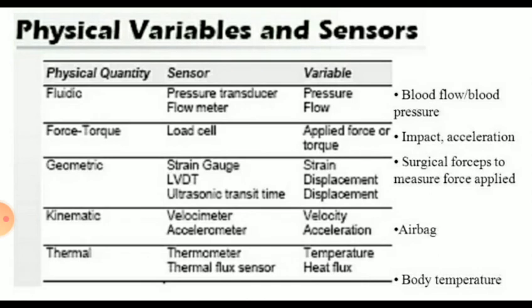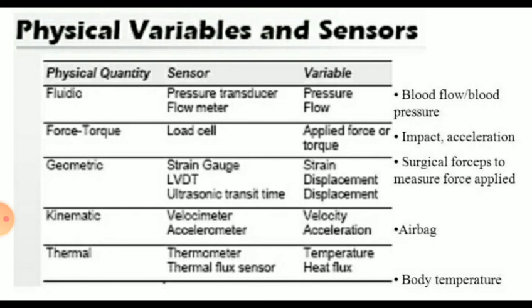Then we can see this table: the quantity to be measured and the different sensors used to measure that quantity. To measure pressure, the pressure transducer is used. For the measurement of flow, the flow meter is used.